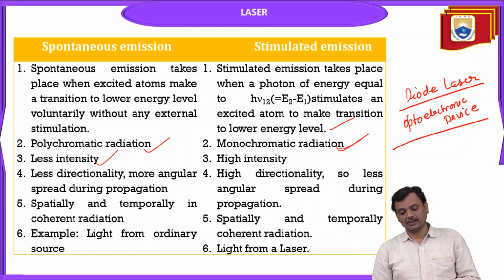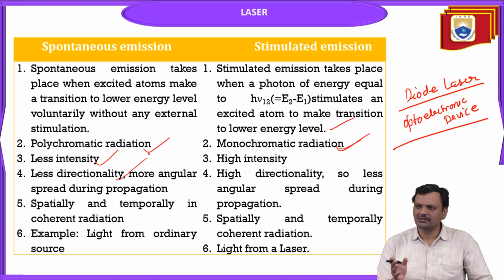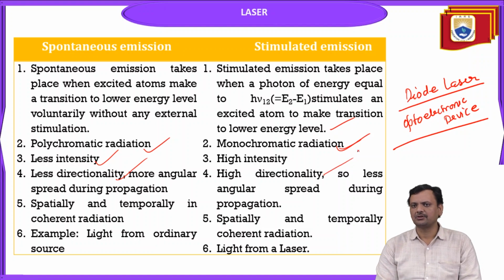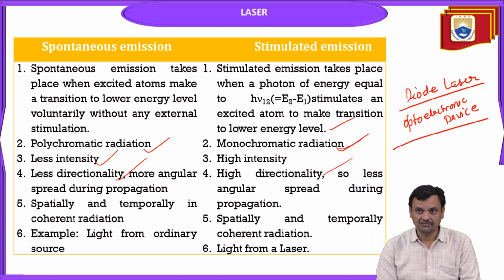That's why high intensity. Less directionality: they will travel randomly in space, means they can travel in all available directions. But the photons produced by stimulated emission will travel in a unique direction. That's why you get highly directional light by stimulated emission.